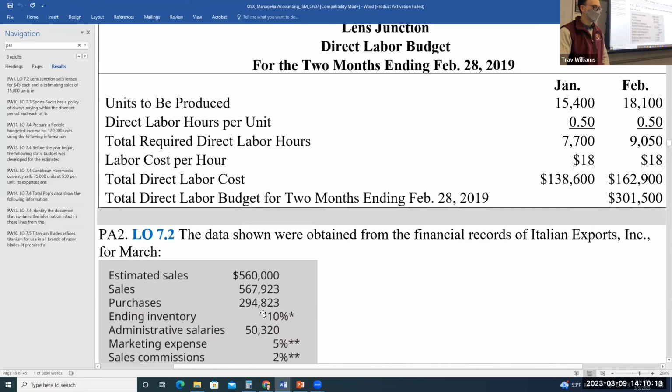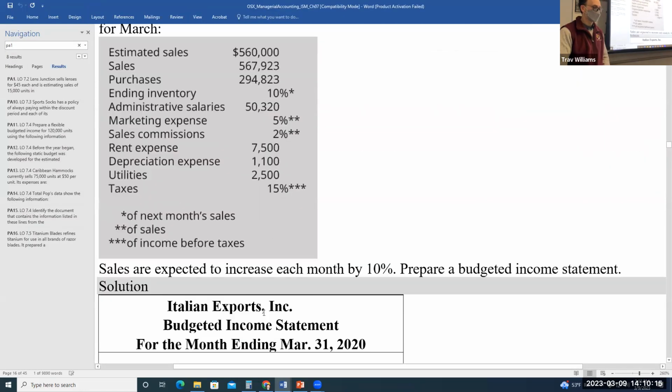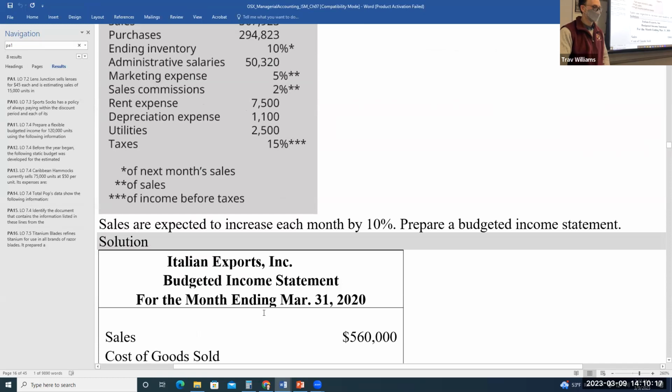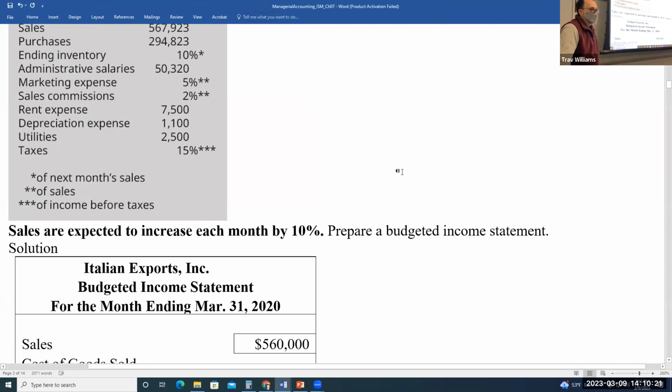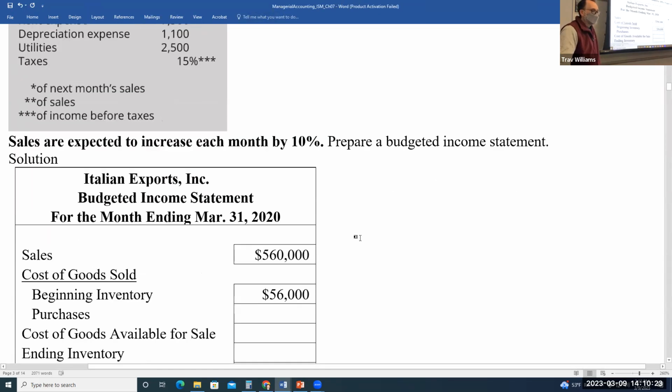Well, now that I say that, let's make sure before we get too much farther along. Yeah. Okay. Does that make sense to everybody? Since we're doing March, February's ending inventory would have been 10% of March. And that would also be March's beginning inventory.